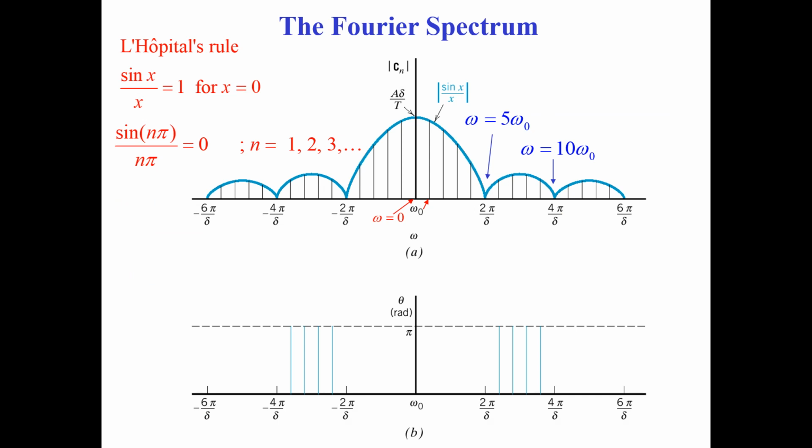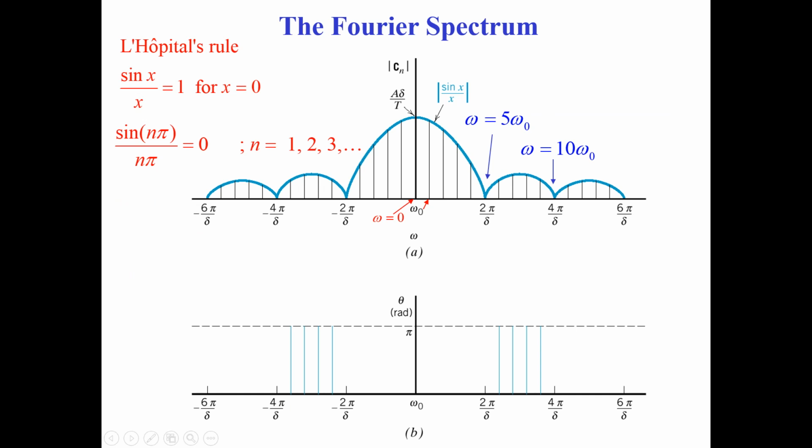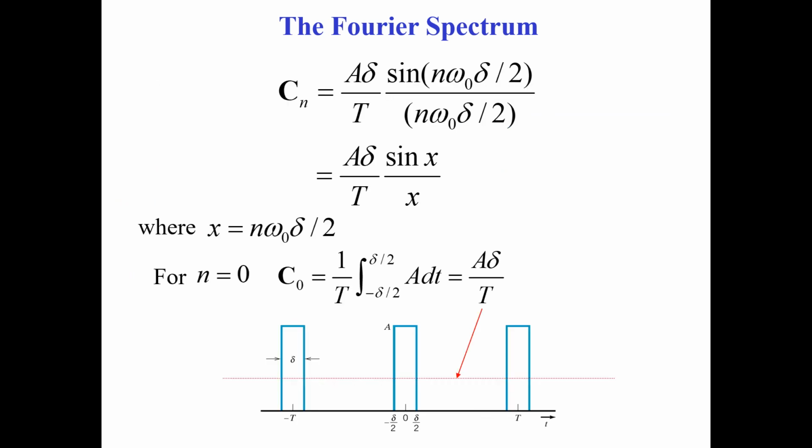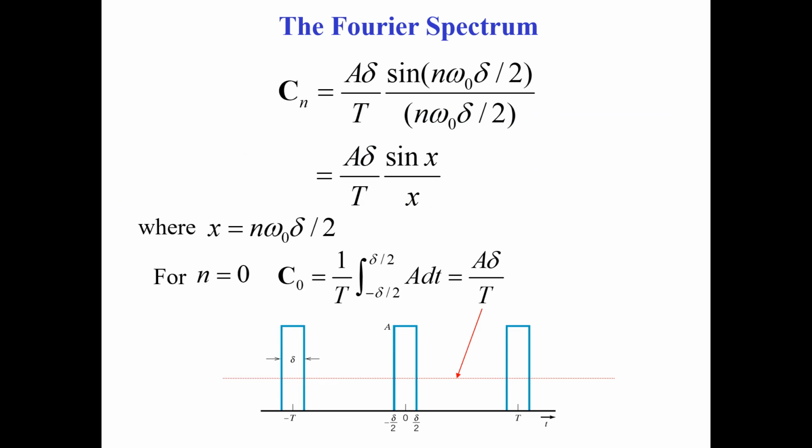You can simply plot these from here. It's the same function at different values, and this is the argument of that same function, 2 pi by beta, depending on the value of n.